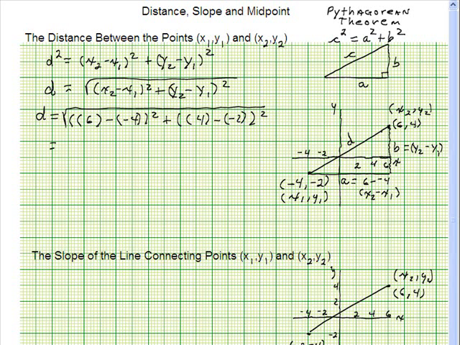And so I get the square root, well 6 minus -4 is 10, so 10 squared is 100 plus, and 4 minus -2 is 6, so that's 36. So I end up with the square root of 136.